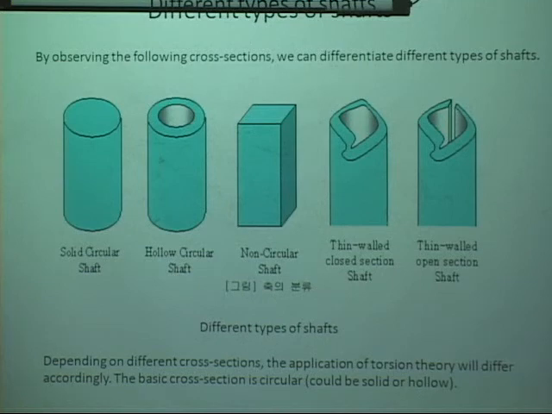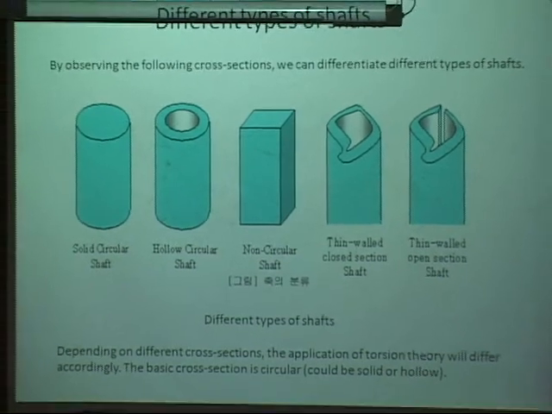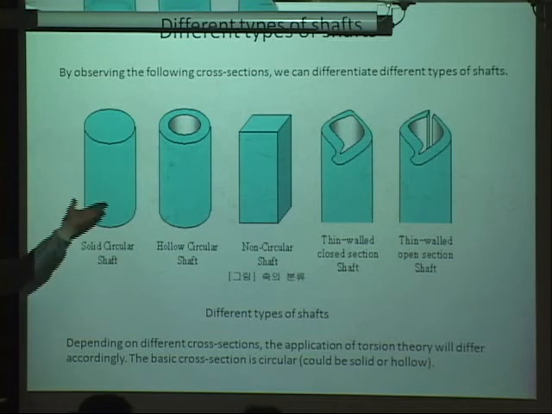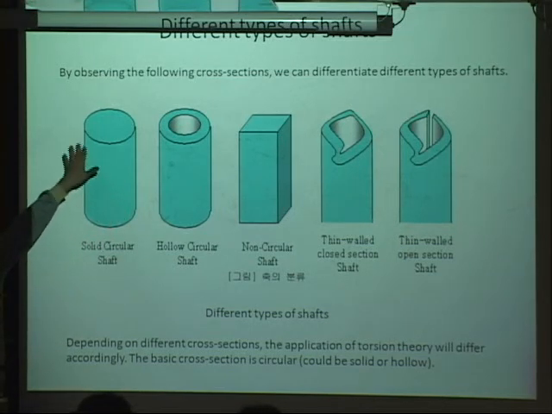Okay, that is the shaft. And here are different types of shaft. It shows many different types of cross sections. The first one, of course, is circular. We use the terminology solid.